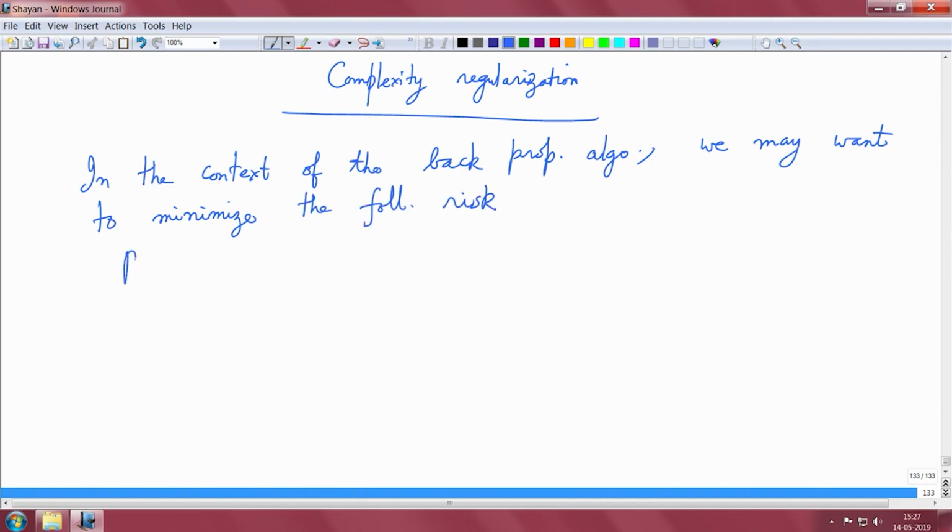The risk R as a function of the network parameters is broken down into two components. One is the average error as a function of the weights. This is basically the standard performance metric.